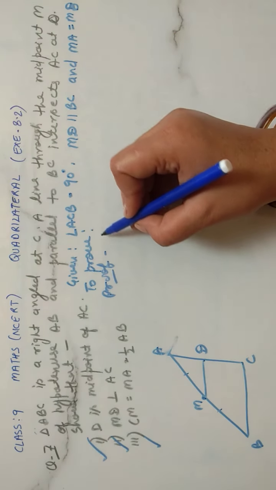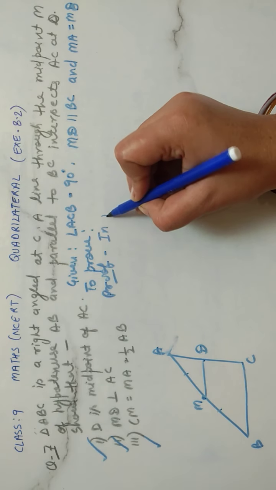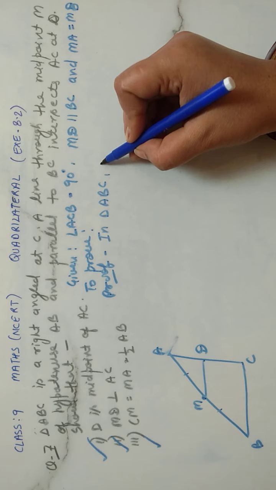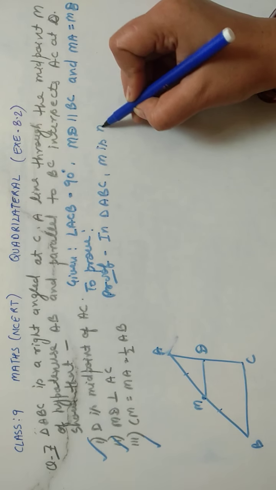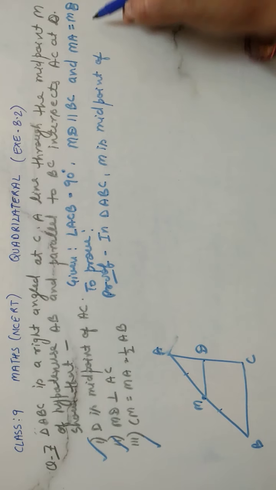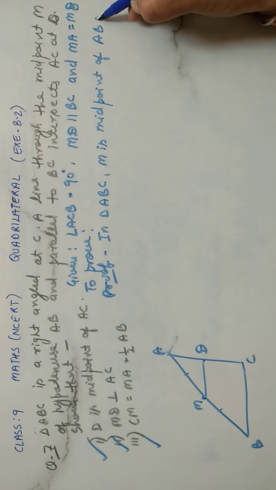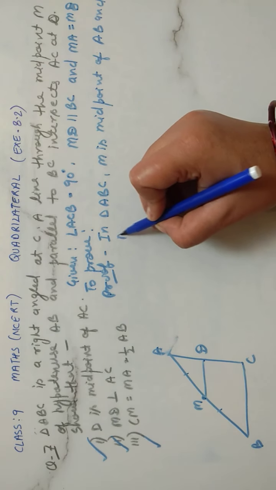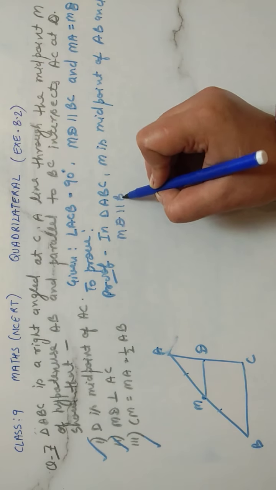So first of all, we know that in triangle ABC, M is midpoint of AB, and we are having that MD is parallel to BC.